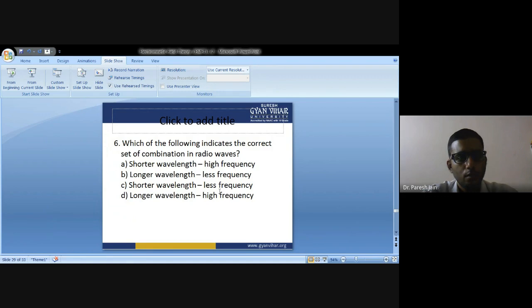Option A shows shorter wavelength, high frequency. Option B shows longer wavelength, less frequency. Option C shows shorter wavelength, less frequency. And D shows longer wavelength, high frequency. Through the frequency and wavelength relationship, you can find the answer to this question.